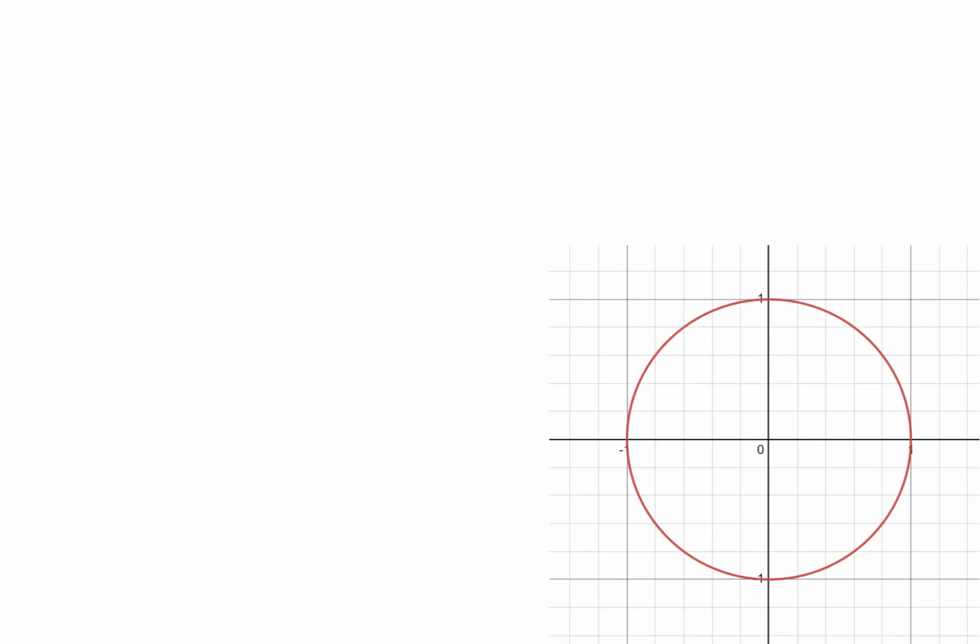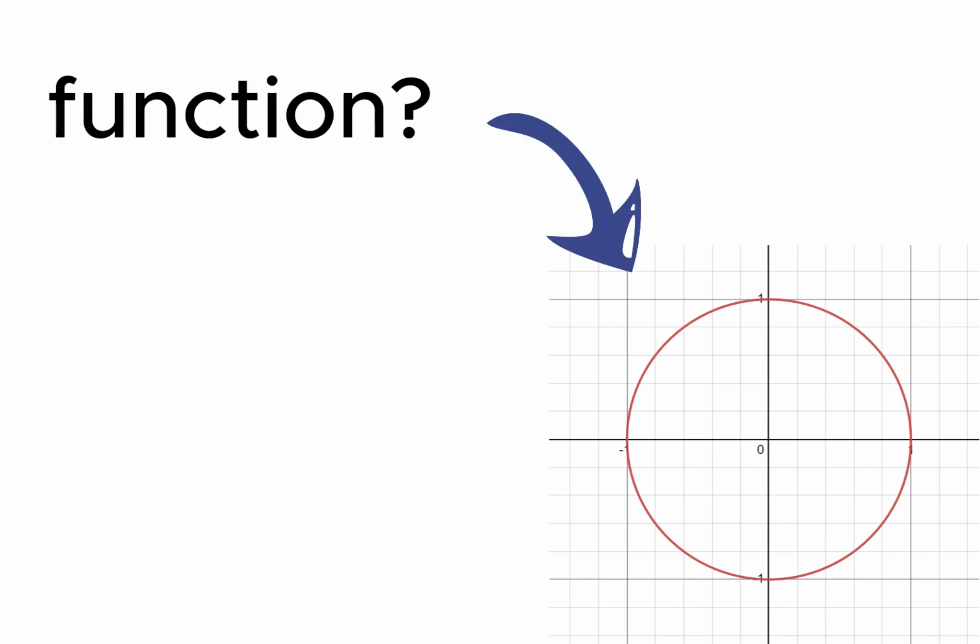You might remember at the beginning of the video where I showed you a circle and said it wasn't a function, right? Well, that's because it was a rectangular equation, y² + x² = 1. And before you learn about parametric and polar equations, you might reasonably think that it's not possible to graph a circle with just a function, right?